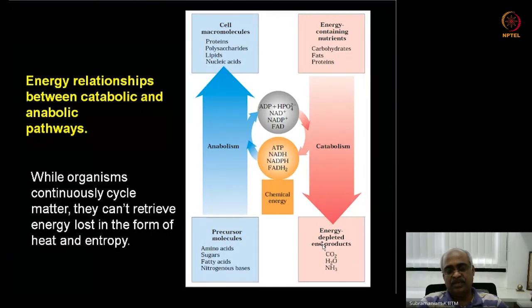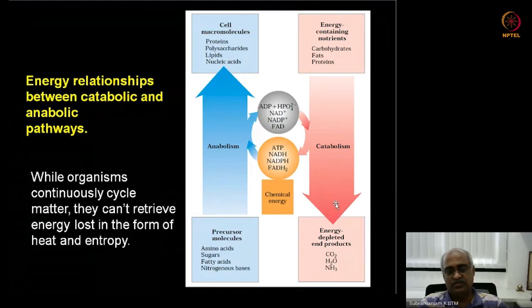So essentially you need more than what you produce in the opposite direction, and the difference is lost into the environment in the form of heat and increasing the overall entropy. Okay, that is how living systems obey the laws of thermodynamics. Particularly in this case, we are talking about the second law of thermodynamics.